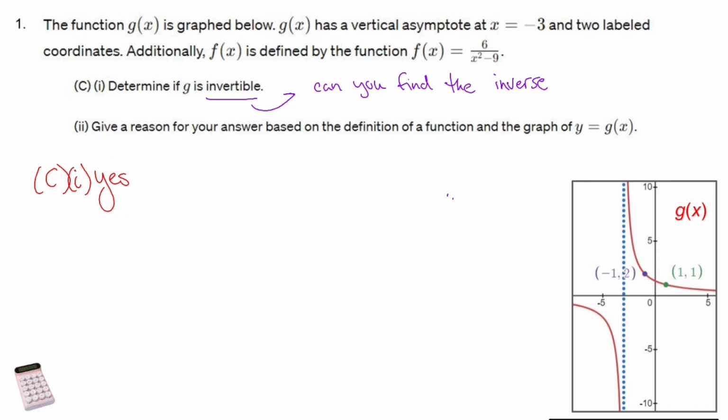Now, here's the frustrating thing about the AP exam. Part 2 is asking to give a reason. Using the phrase, "Yes, because it passes the vertical line test," will not fly for the AP exam. Why? It just won't. Remember, if you have a regular function, its inverse is when the x's and the y's swap.